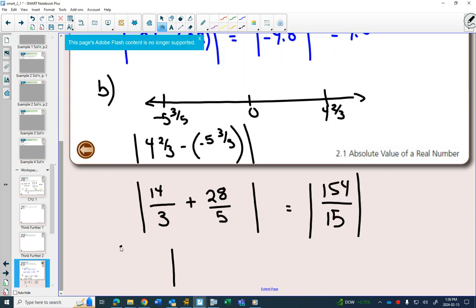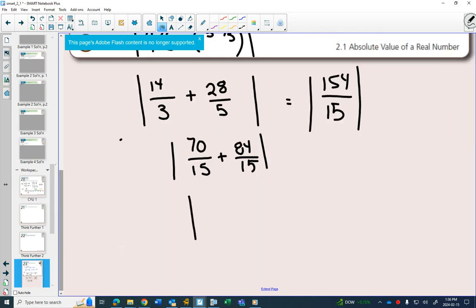If I didn't cheat with my calculator, I would need a common denominator, right? Common denominator with 3 and 5 is 15. So I multiply this by 5, this by 3, add my tops.